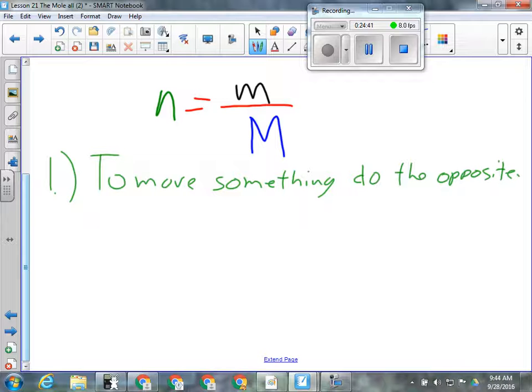If you want to move something, do the opposite mathematical operation. The second rule of algebra is what you do to one side, you do to the other.